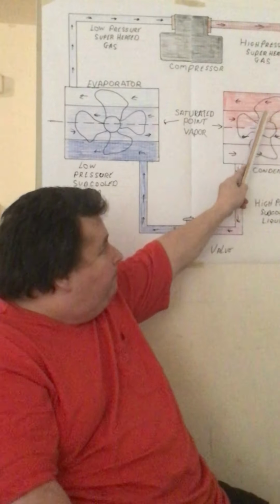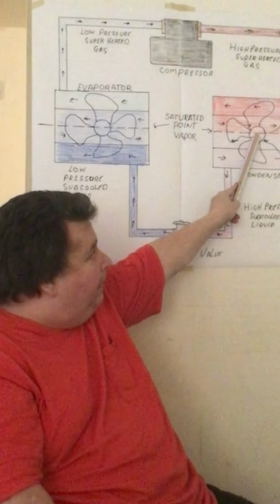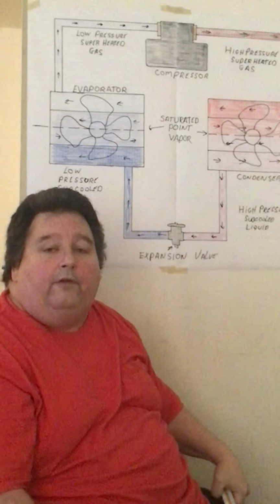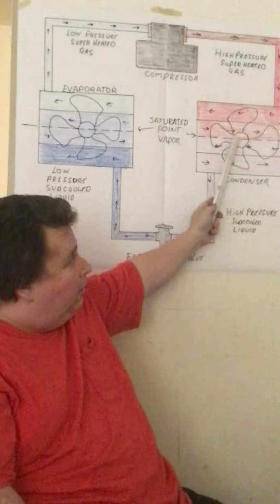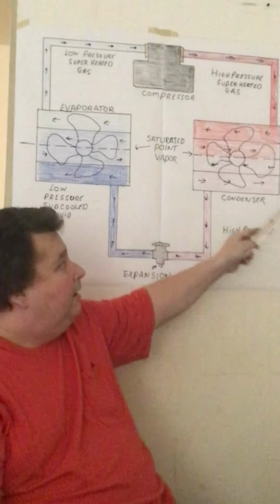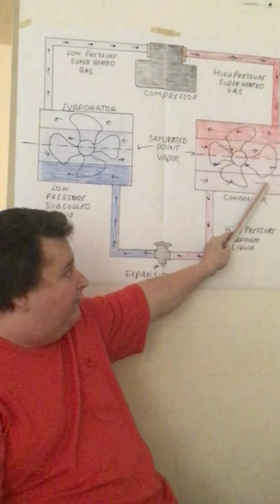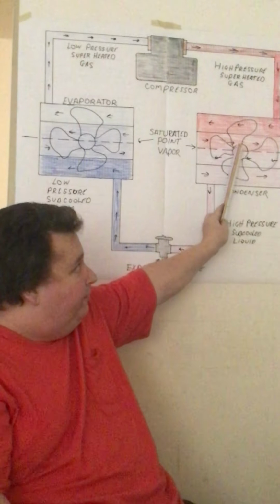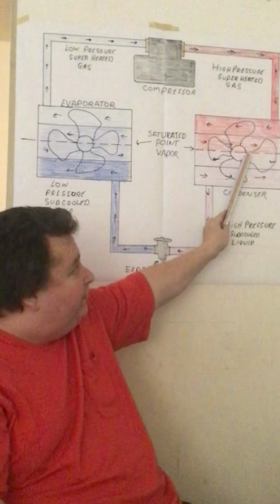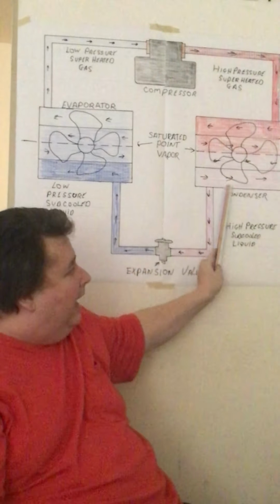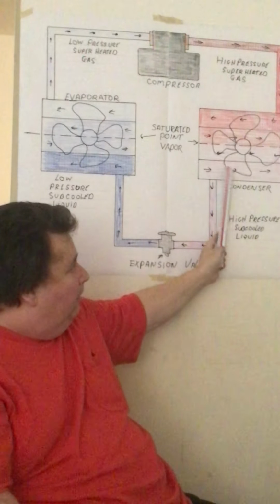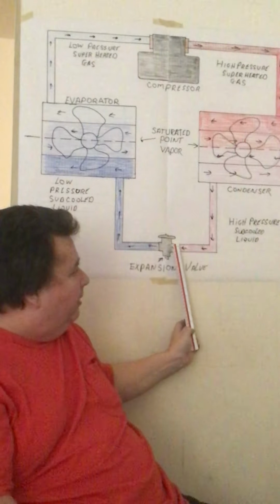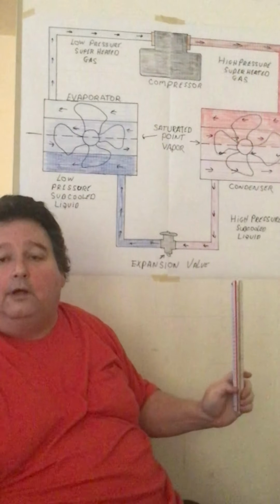If your fan motor goes bad, or you have a dirty coil in a condenser, you're not going to have the airflow going through the condenser, and it's not going to act right. The saturated point is not going to be there, and you're going to end up having liquid, vapor, and liquid coming back to the expansion valve, which is no good.